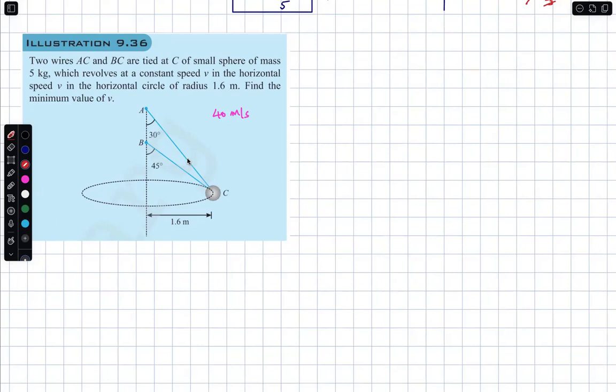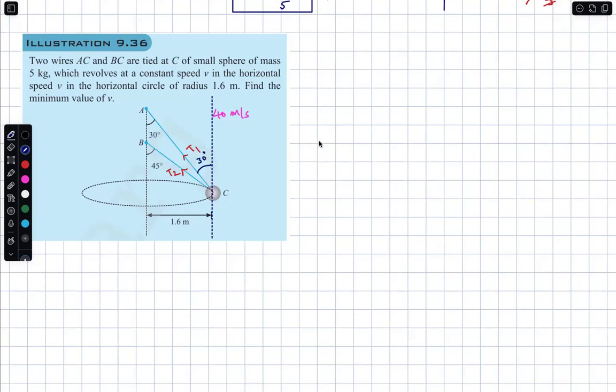They are not connected by one single string. Don't forget that: T1, T2. Remember, this is the vertical, and this makes an angle of 30 degrees.